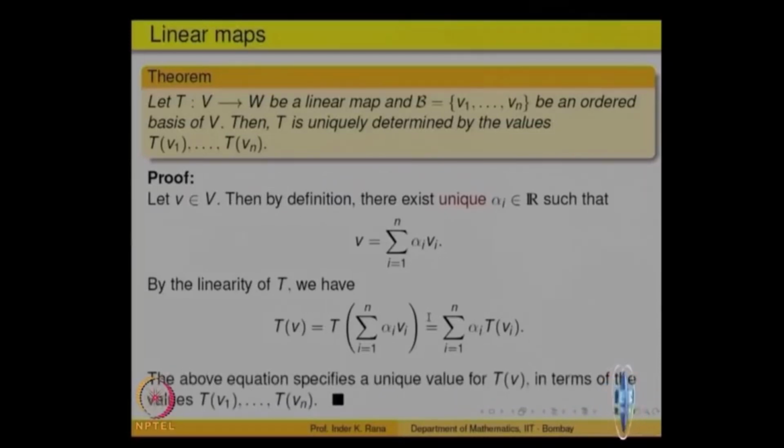So, this equation specifies that unique value for T of v in terms of the values T v1, T v2, and so on. Once you fix them, this is very important. We say that to know the value of T on any vector in the vector space, you have to know only the values on the basis elements, right. That is what is important.